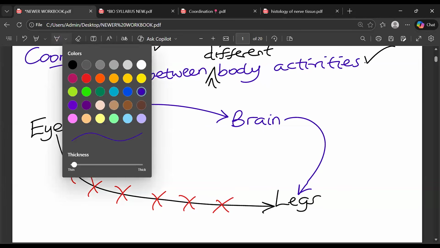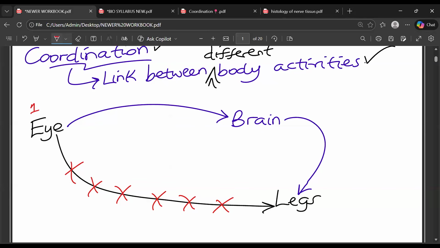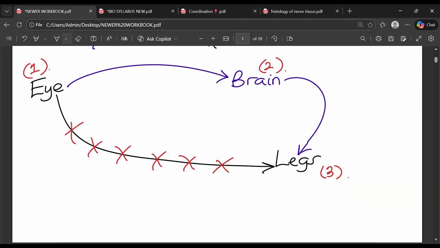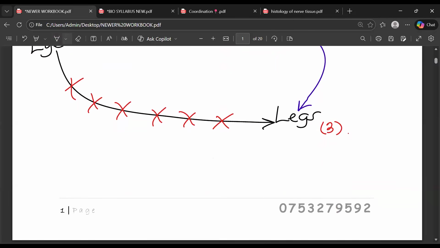So have it in mind. The eye will watch. The brain will get the information, and then it will tell the legs that now we need to start running. So we are talking of a case scenario of a dog barking at us and then running towards us. Hope you are aware.